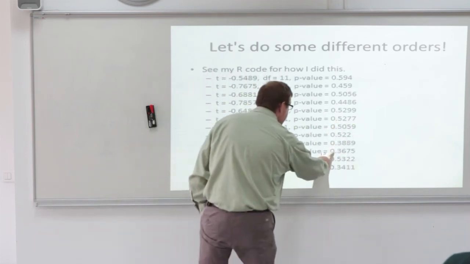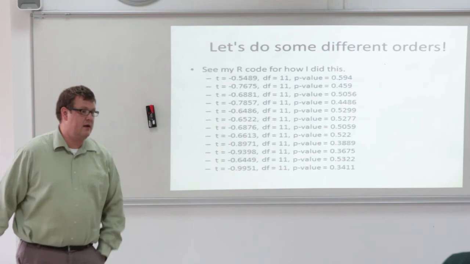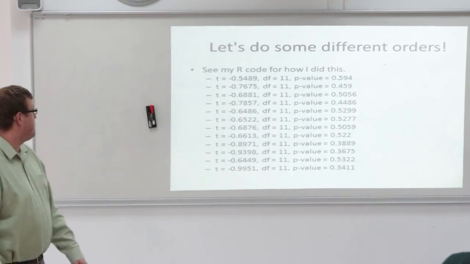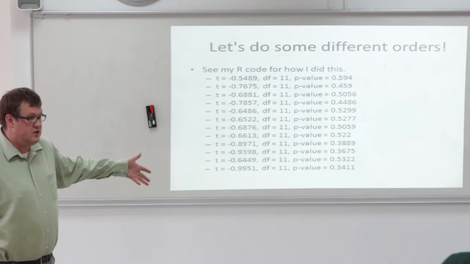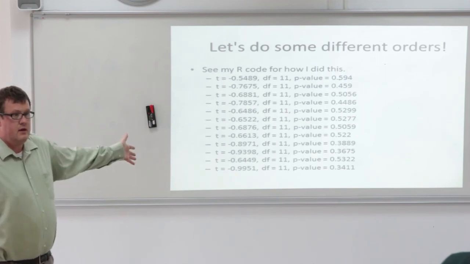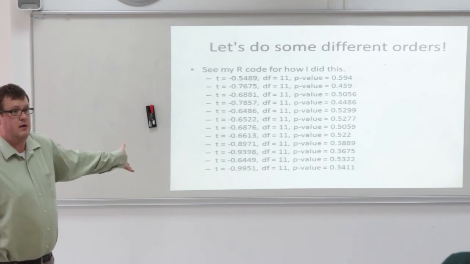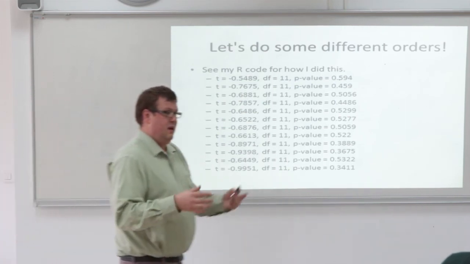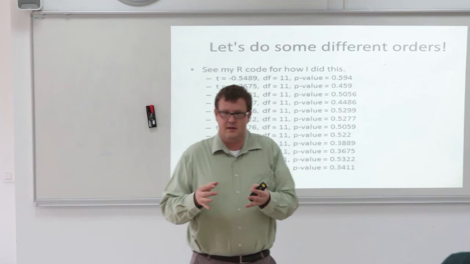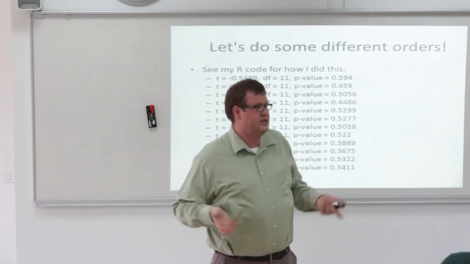I have some down here, 0.37, 0.34. So the p-values and the t scores that I'm getting differ. Why? Because when I randomly order things, with a finite sample size, there are going to be some small correlations in that data.